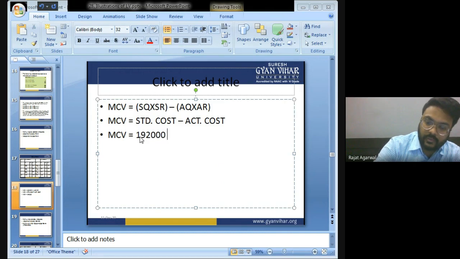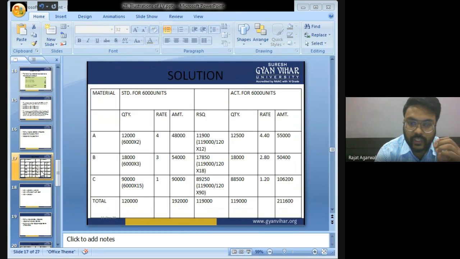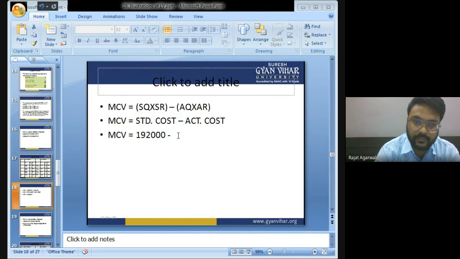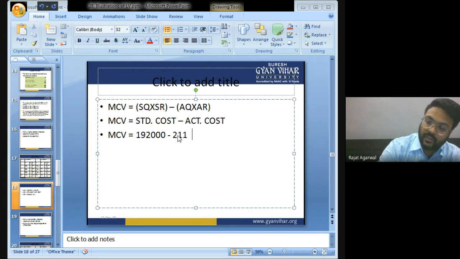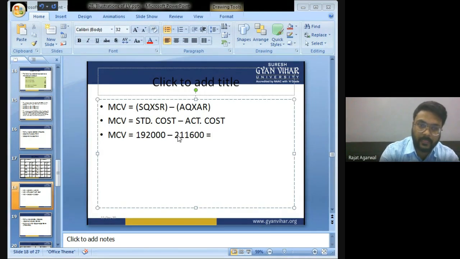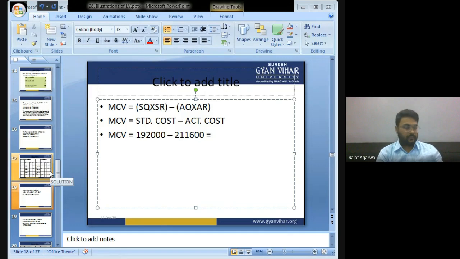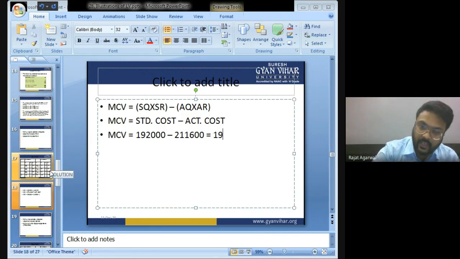Actual cost is 2,11,600. 1,92,000 minus 2,11,600 is 19,600 adverse. Material cost variance is 19,600 adverse.